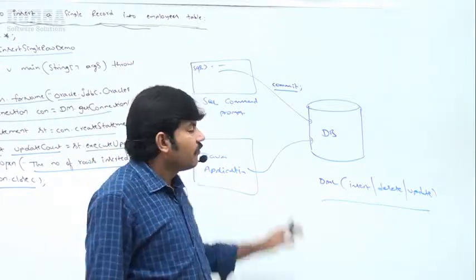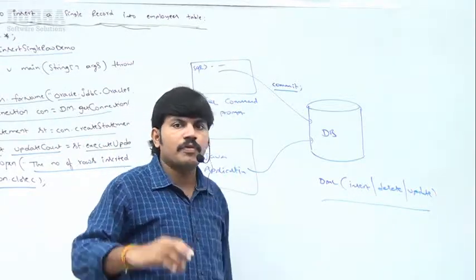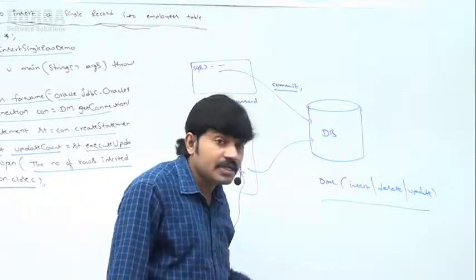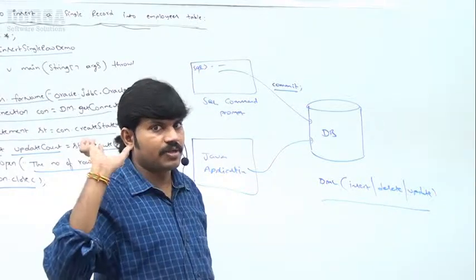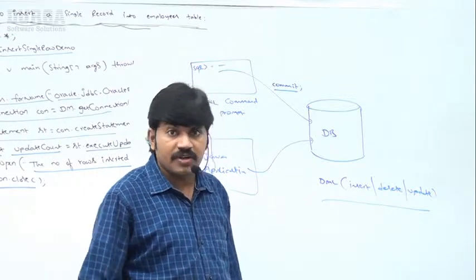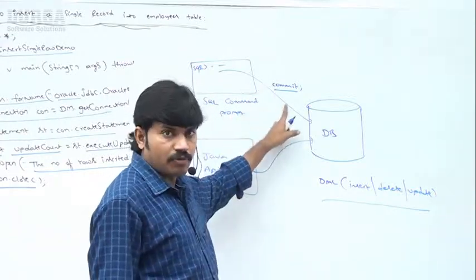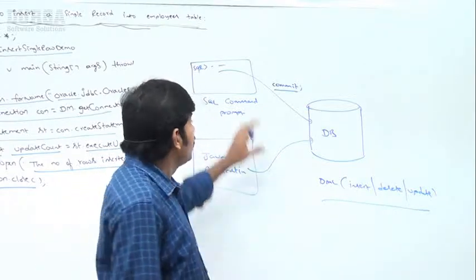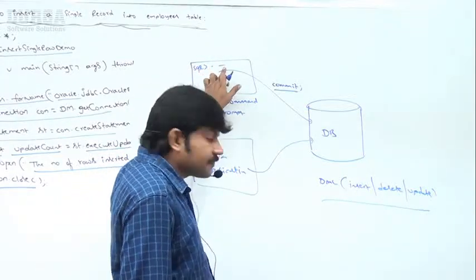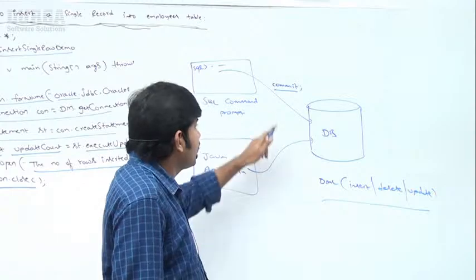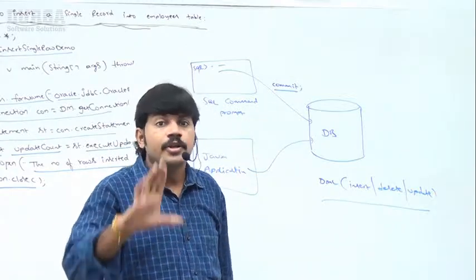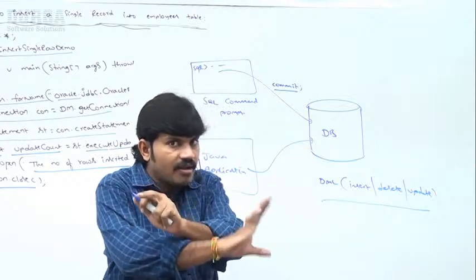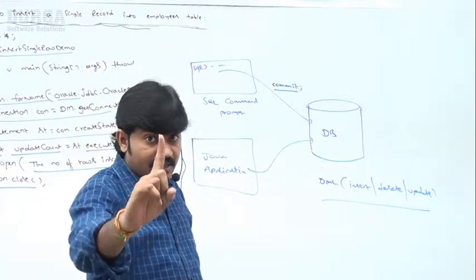Remember this. This is for DML operations only. For DDL operations, there is no such rule. After completing our DML operation, compulsorily we have to use commit. If you are not using commit, then those changes are not permanent. Is it clear for all of you, right?